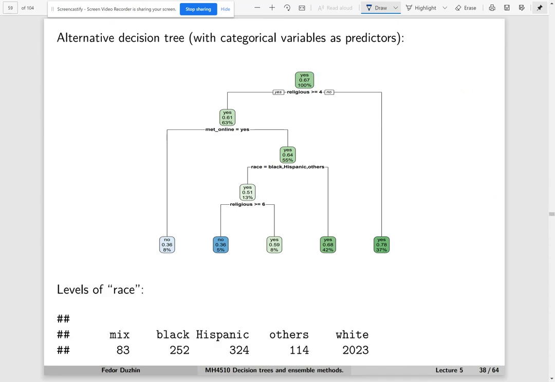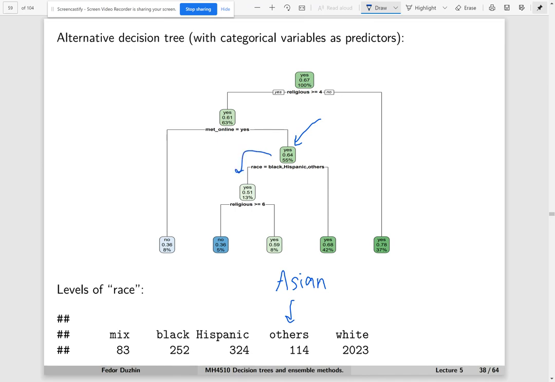Okay. Now, what I want you to look at is this split according to race. There are 5 possible values for race. Others, I believe this is America, so others is probably mostly Asian here. But what it tells us is that if the race is Black, Hispanic, or others, then we go to the left.